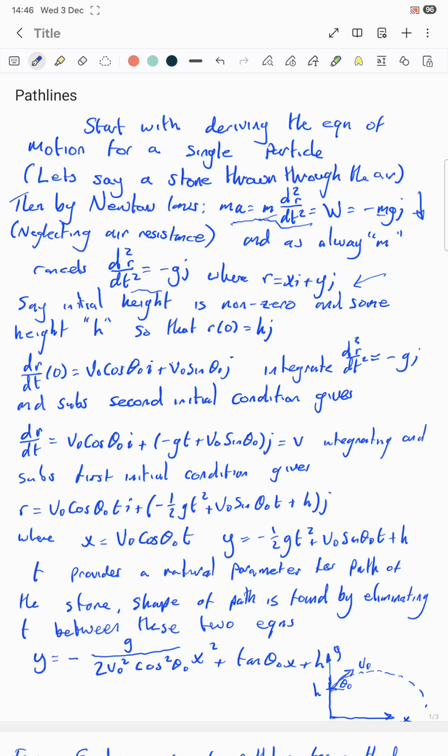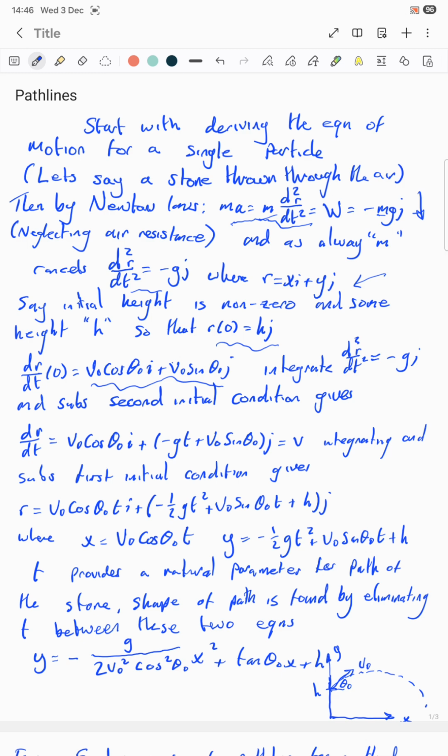Now say initial height is non-zero, at some height, so we have r of 0 equal hj. Now dr/dt at that 0 point equals this, where v0 cosine theta0 i plus v0 sine theta0 j.